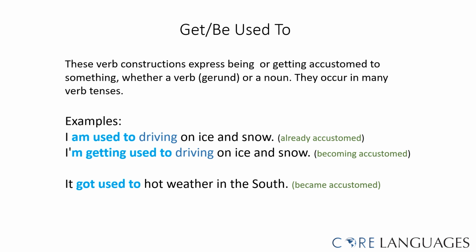This sentence expresses that I became accustomed to hot weather in the South. I am now used to hot weather in the South. I was used to hot weather. This sentence expresses that in the past, I was accustomed to hot weather.